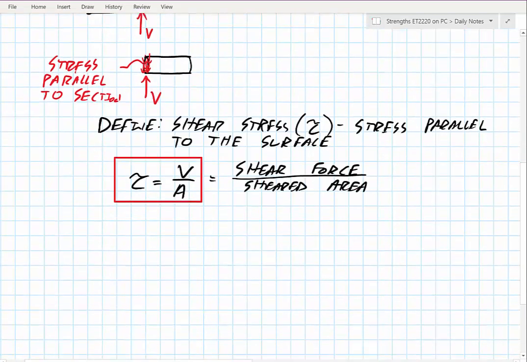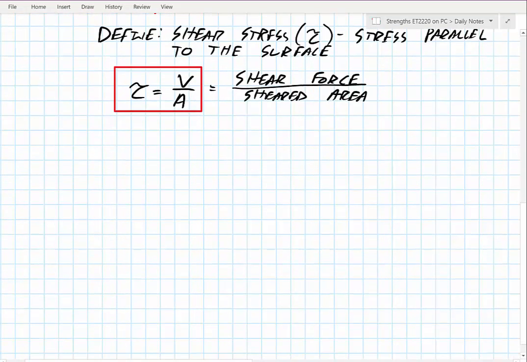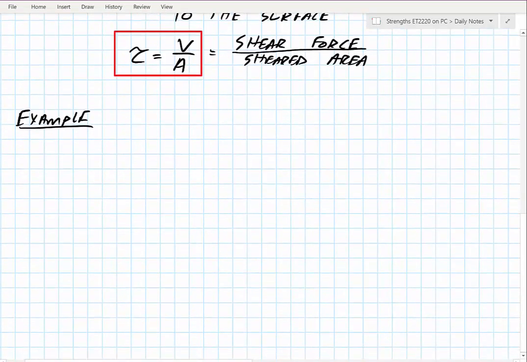Alright, so let's look at an example of how we would use this new concept. And I tried to find an example that would use both this new concept as well as our old one. So let's take a look. So here's what our example is going to look like. We're basically going to have some kind of member.